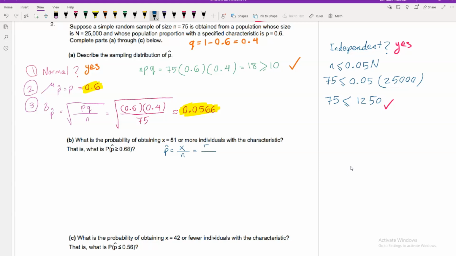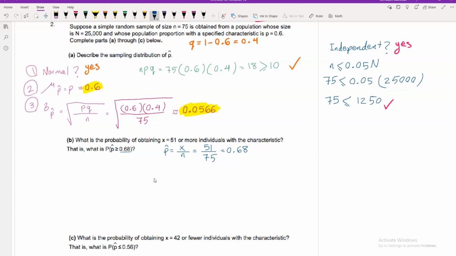Our x is 51, n is 75. And the answer is 0.68, which is exactly the same as what is given in this part. So again, if this part was not given, we can find this 0.68, because we have x and the sample size. By using x divided by n, we can find p hat.